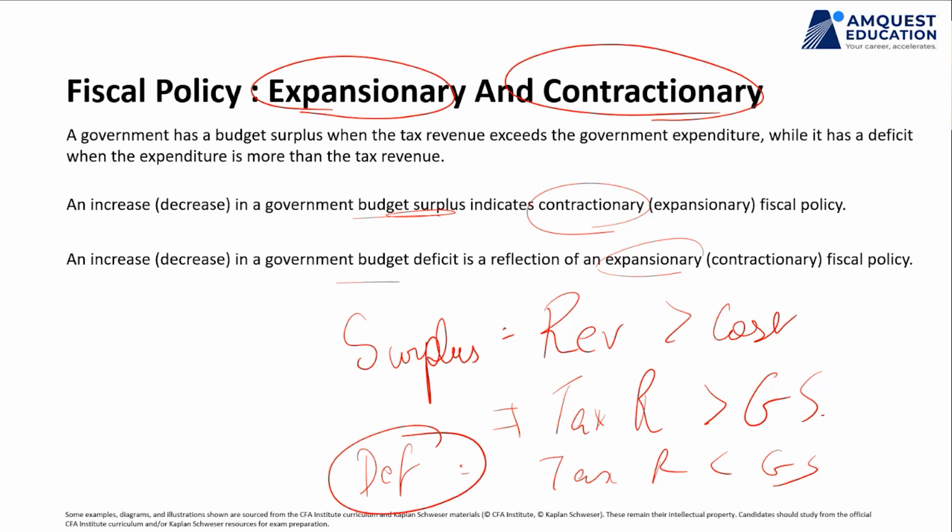So if there is a surplus increase, the policy is contractionary; if surplus decreases, the policy is expansionary. Learn this also: a contractionary policy will increase the surplus. Clear? An expansionary policy will decrease your overall fiscal budget surplus. Clear? Any questions?